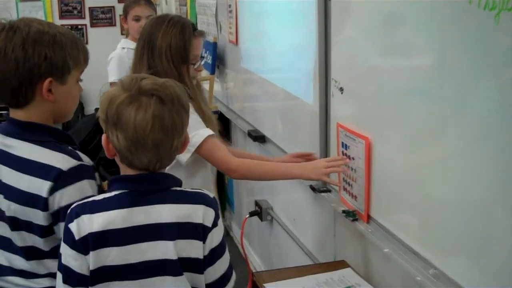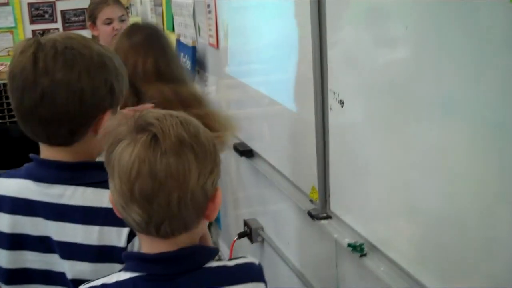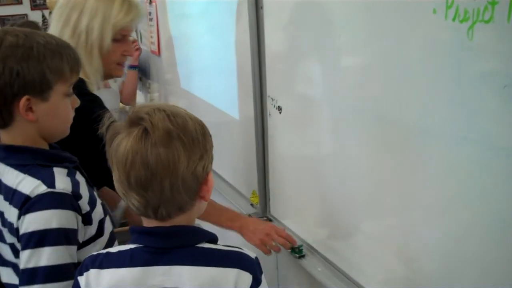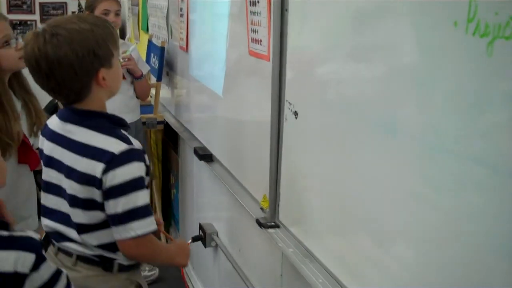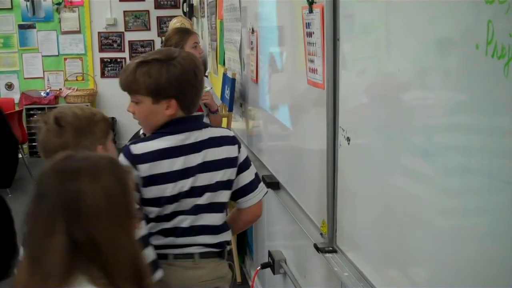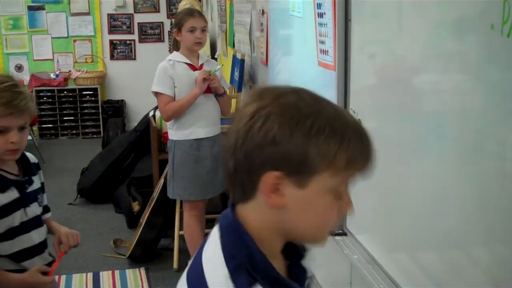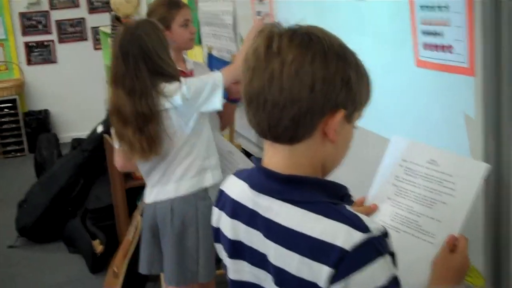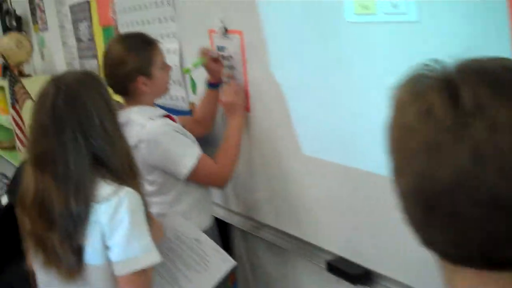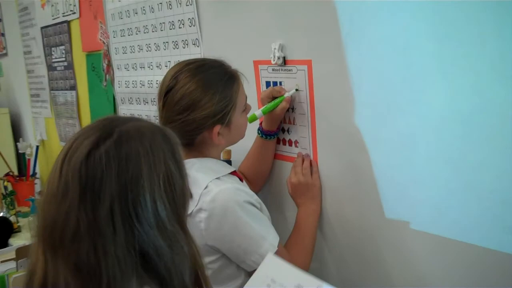Somebody's Grace's partner. Who's Grace's partner? I am. Okay, go be Grace. This one won't stick, so you'll need to stick it. Wait, read the instructions. Name of the mixed number. What is that?